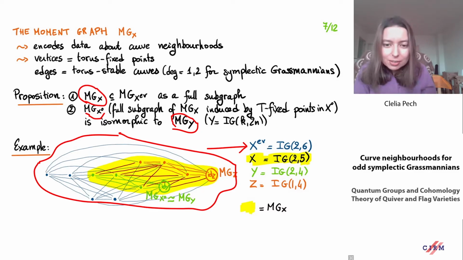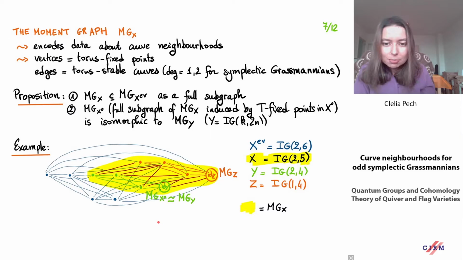So I'm sorry that the picture is a little bit small. Oh, okay, I've removed all the annotations apparently. But what the picture is meant to illustrate is that inside my yellow highlighted moment graph, I have to take into account mostly what's in green, the moment graph of Y, and what's in orange, the moment graph of Z, and I have just a few arrows in between.